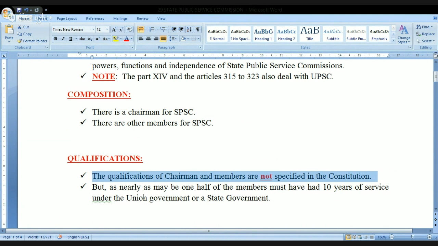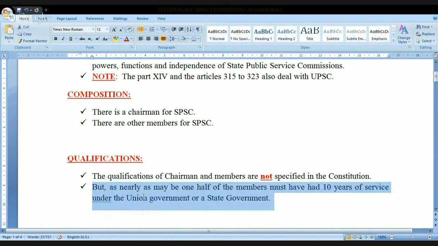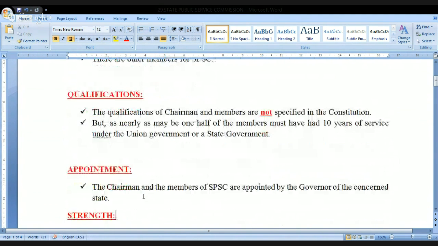But as nearly as may be, one half of the members must have had 10 years of service under the union government or under the state government. Whatever the number may be, X, out of that X at least half the members must have 10 years of experience either under the government of India or under the government of any state.